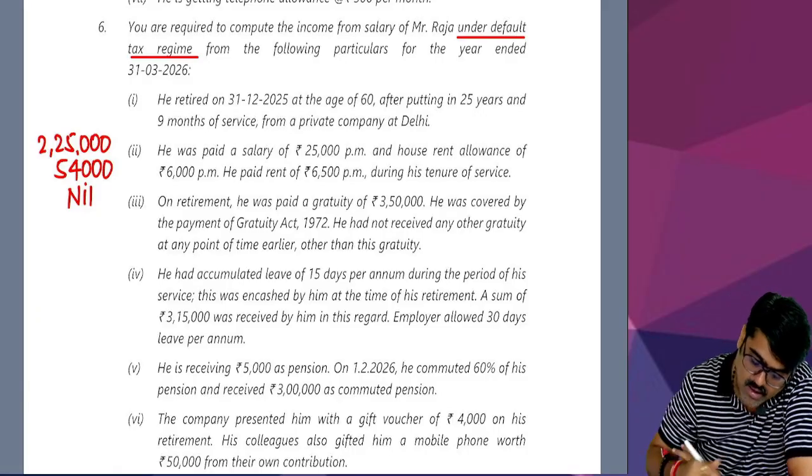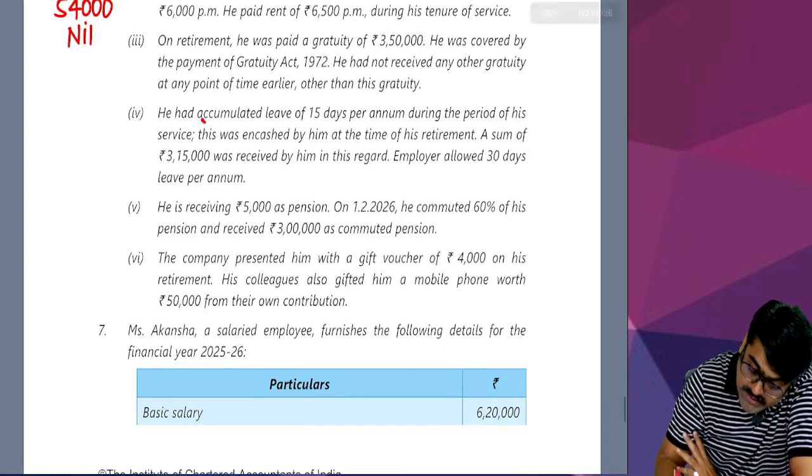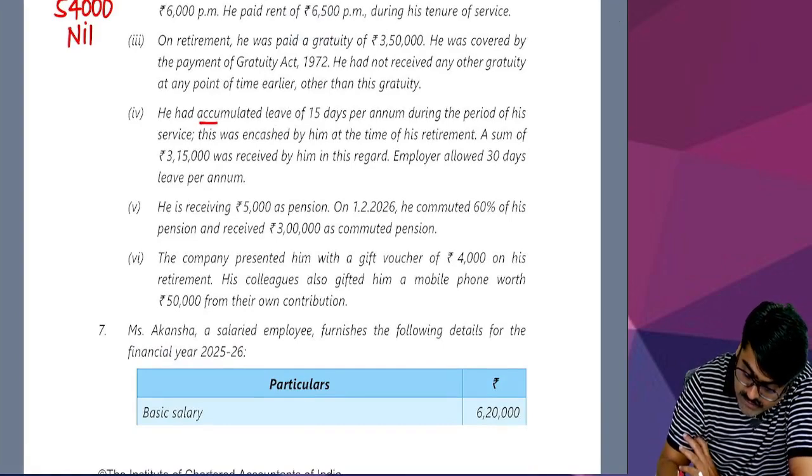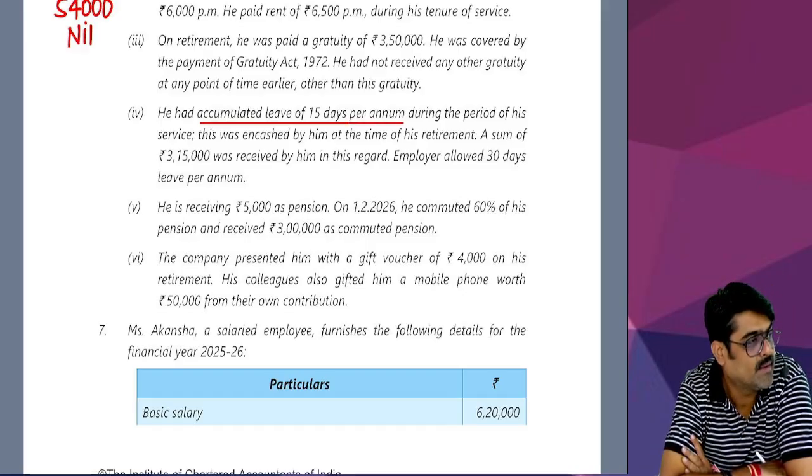Now he had accumulated leave, meaning leave credit of 15 days per annum. Meaning every year he was saving 15 days. So for how many years will he save? 25.